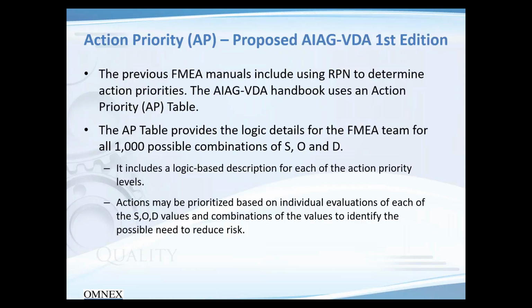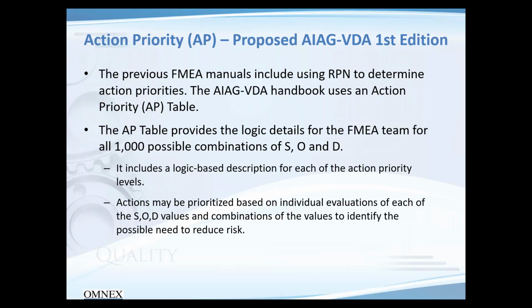So then a big thing that was discussed and worked on in this VDA AIAG handbook was the fact that there was a lot of confusion on once I get this RPN value, do I take action or don't I take action? So you had kind of generic requirements that were set up for RPN value.